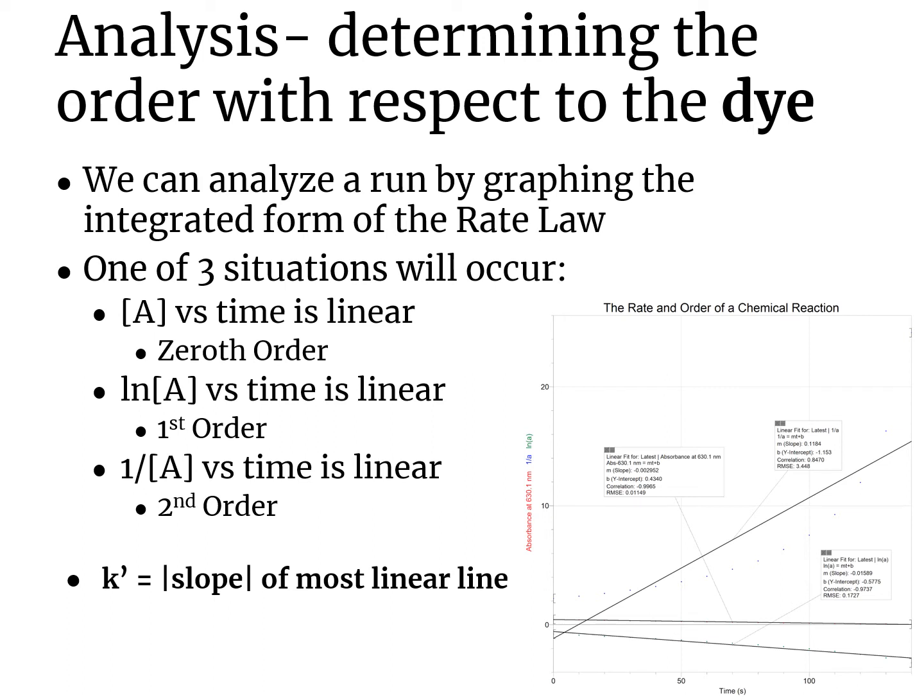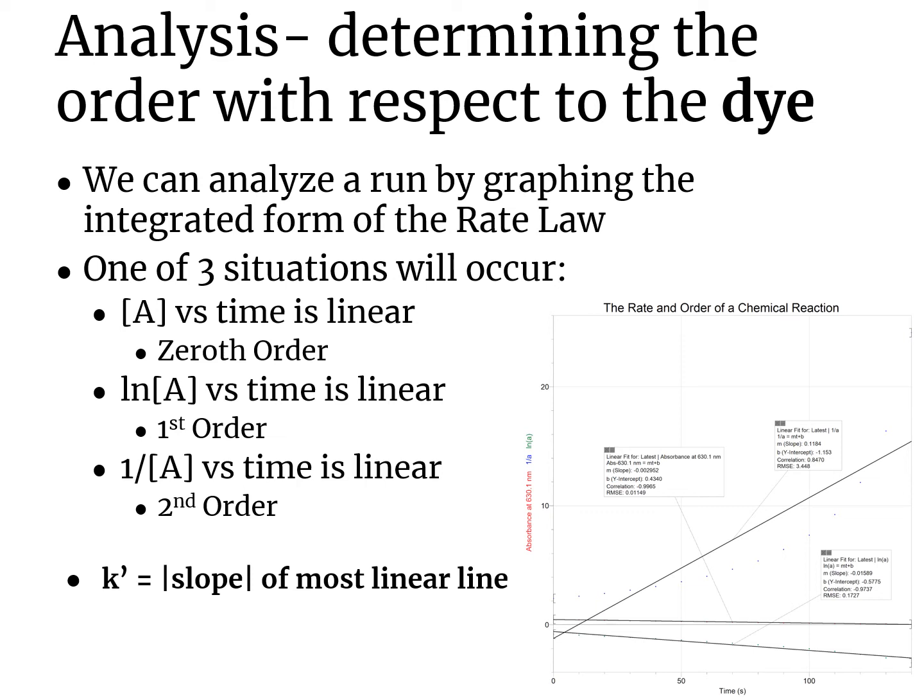And finally, if your graph with the 1 over absorbance versus time is linear, then your reaction is going to be second order, and that should also give you the value for that.